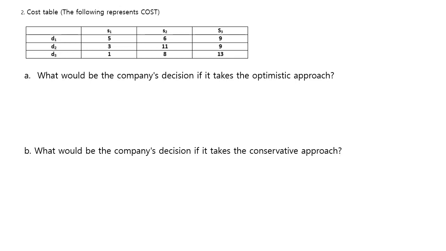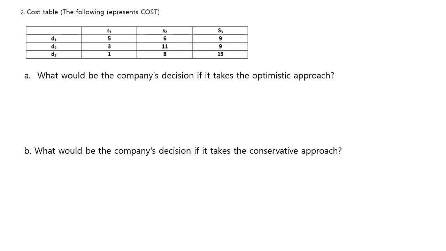Now, sometimes the payoff table does not represent profit, but rather cost. And when the table represents cost, the smaller is the better, because if the cost is like cost of doing business, the smaller number that you pay means it's cheaper, so it's better.